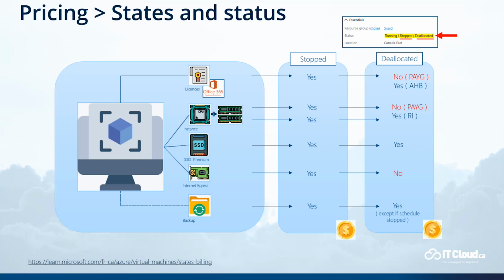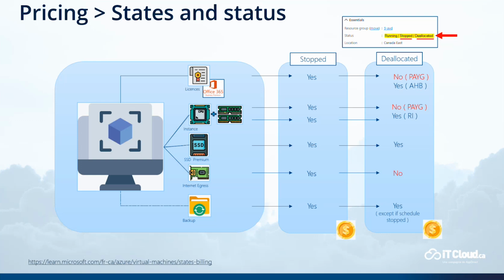You will not pay if you are in pay as you go regarding the license because the VM is disconnected. You can not pay for the instance if you are in pay as you go because the VM is deallocated, and you do not pay for the NIC too because the VM moved out.